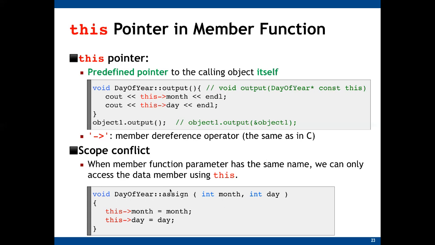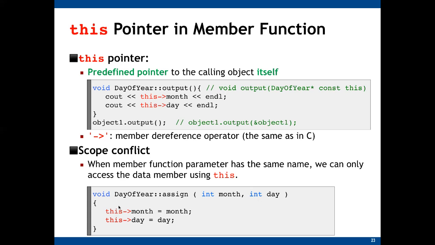And there is a scope conflict. As you can see here, these are the member variables, month and day. But the parameter names of this assign function are also month and day. So the parameter name is the same as the member variable's name, and there is a conflict.